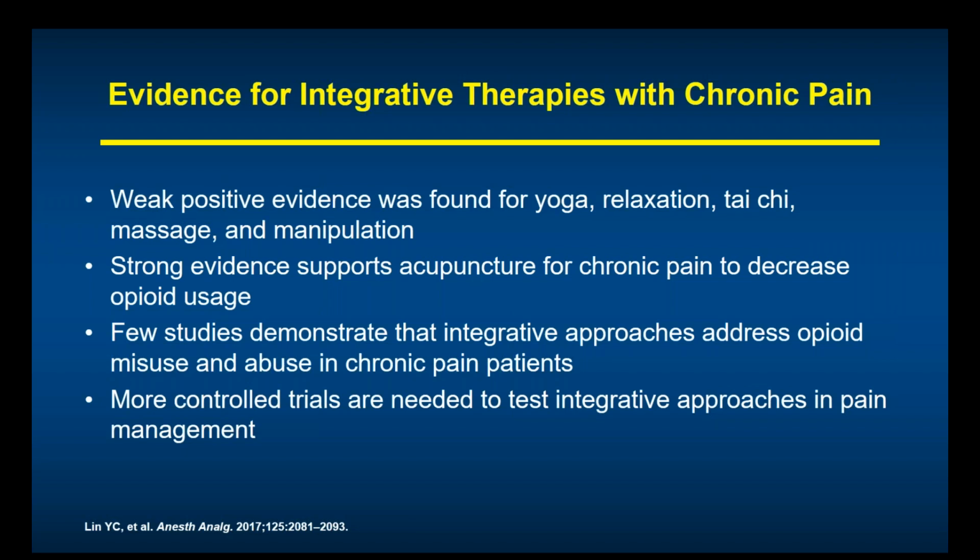There is strong evidence for acupuncture, there's no question, to decrease opioid use. Few studies have been able to demonstrate that integrative therapies address the opioid misuse and abuse problem that we have in our society with chronic pain, but we hope to build that science. And obviously, more controlled trials are needed to test integrative therapies.